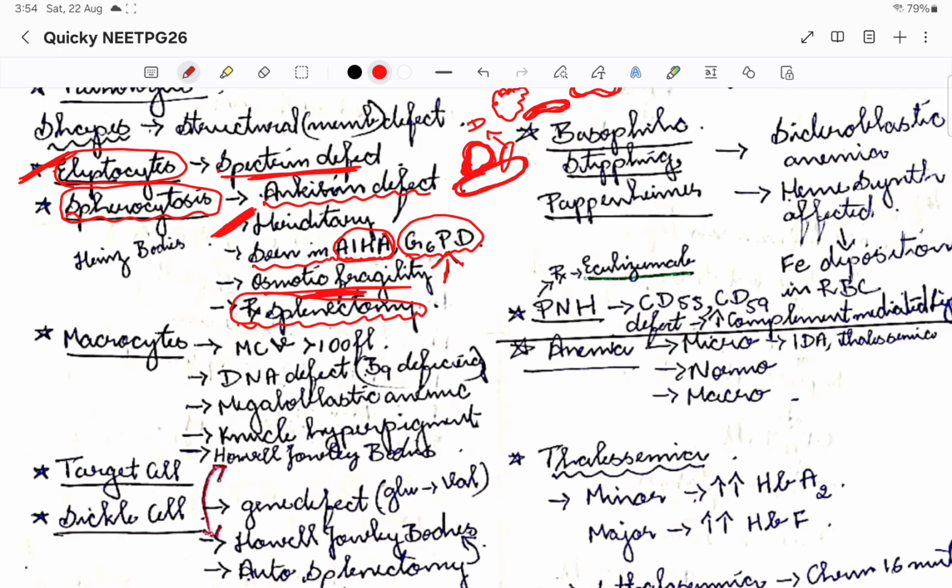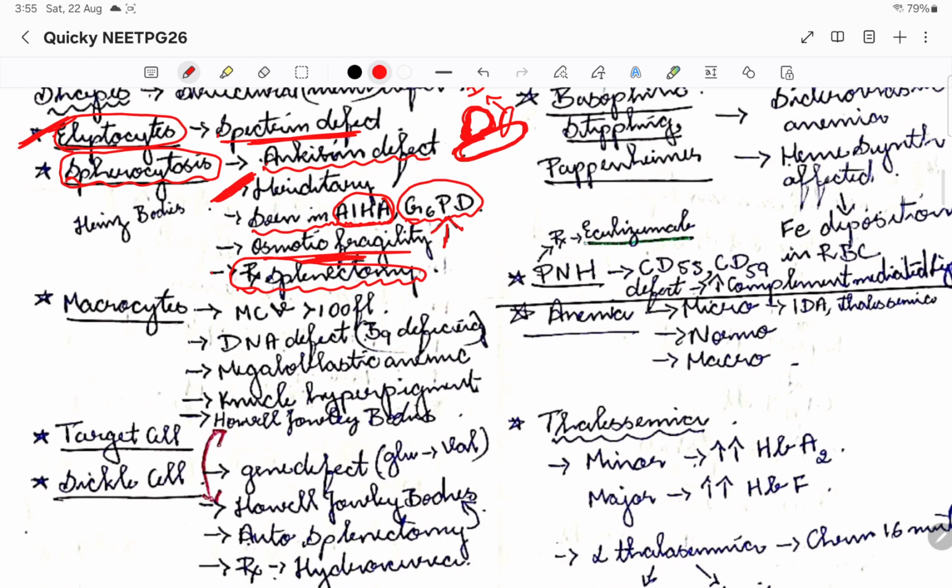So there is increased cell death, and that is where jaundice and all these things will happen. If we reduce the cell death, then the hemolysis and jaundice, non-hemolytic jaundice, hemolytic jaundice can be reduced. So that is why the major management would be splenectomy.